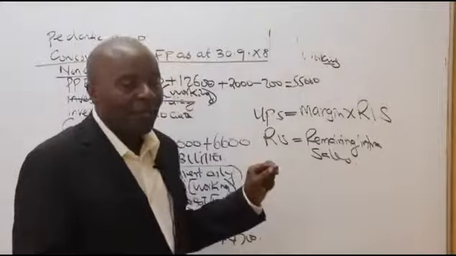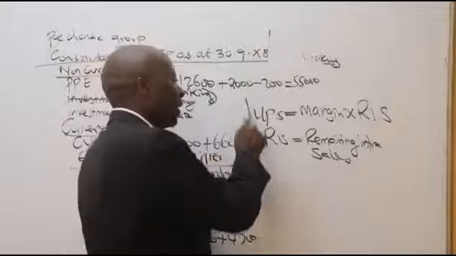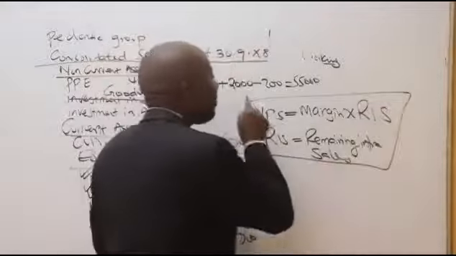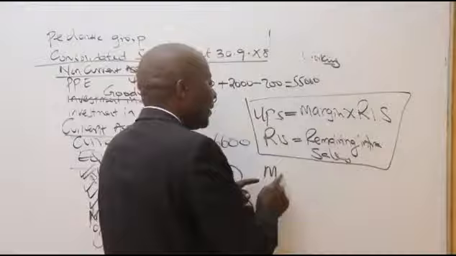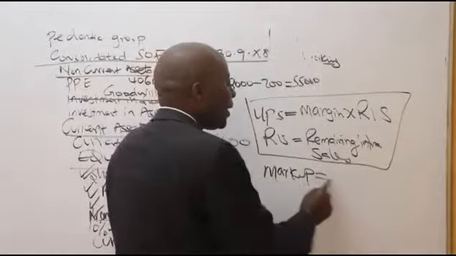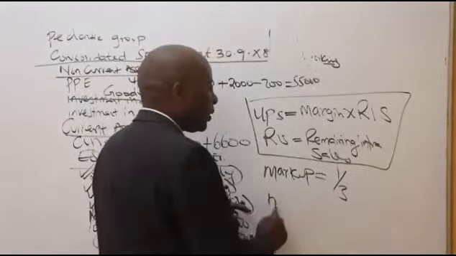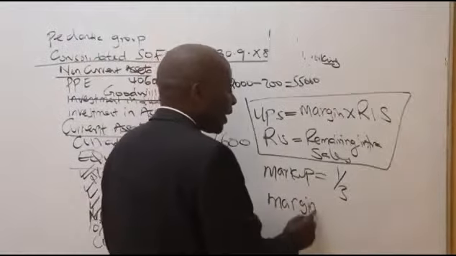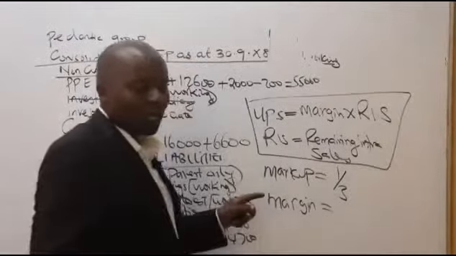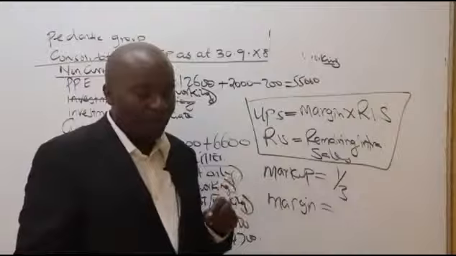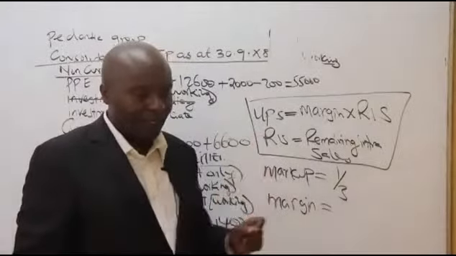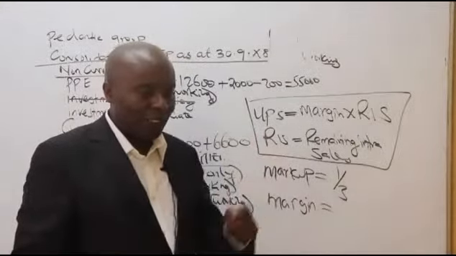Now, ladies and gentlemen, this examiner is very foolish. Instead of giving me the profit margin, he has given me the markup. If he gives me a markup of a third, what will be the margin from your management accounting information? If markup is a third, the profit margin will be what?